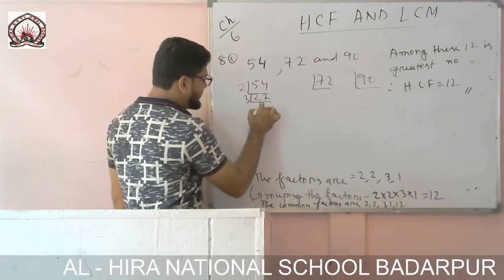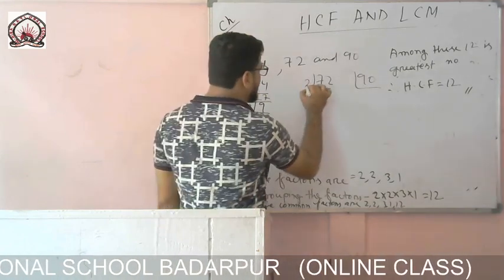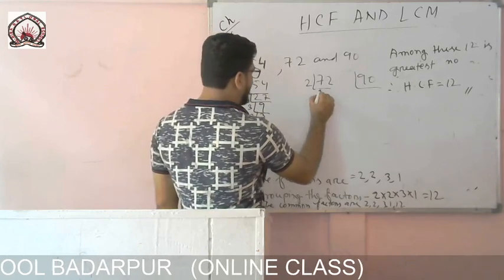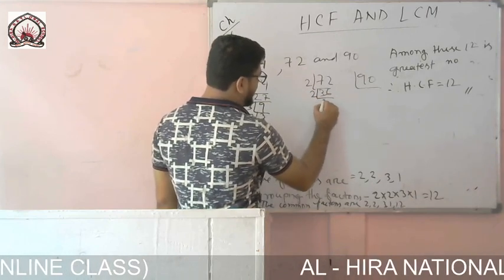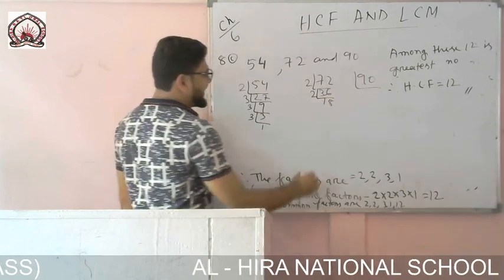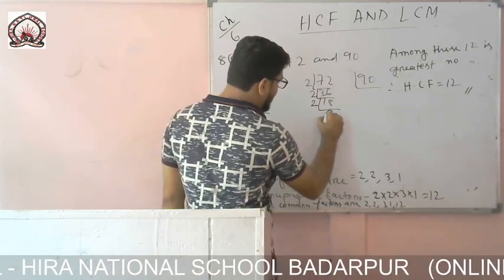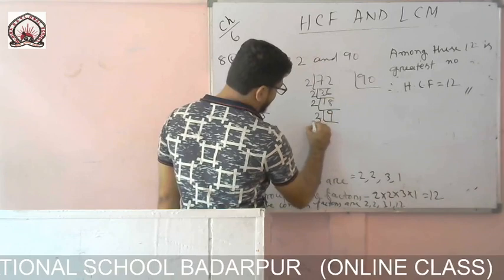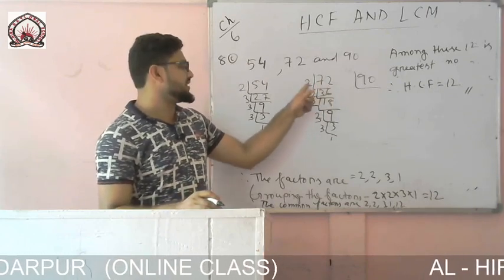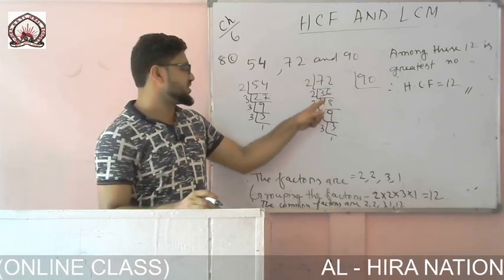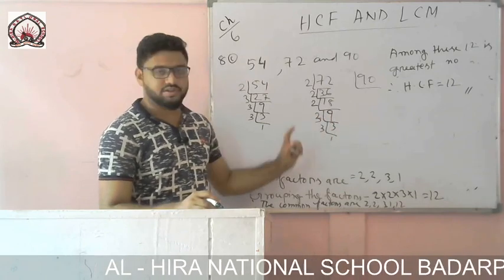With 3, 3 9s are 27, 3 3s are 9, 3 1s are 3. 72 with 2, 2 3s are 6, remain 12. 2 6s are 12, 2 8s are 16. 2 9s are 18. Then 3 3s are 9, 3 1s are 3. Okay.